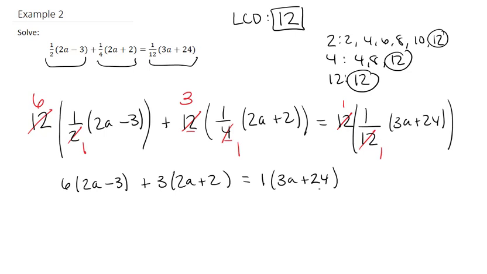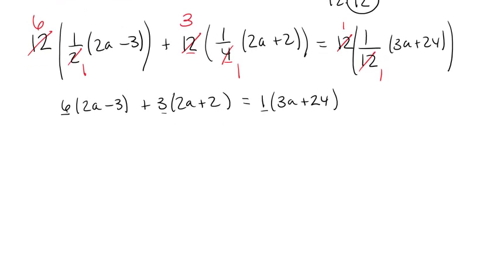Now we can multiply out these numbers. 6 times 2a is 12a. 6 times 3 is 18, but we have a minus, so it's minus 18. Then 3 times 2a is plus 6a, 3 times 2 is 6, which is equal to 1 times 3a, so that's 3a, and 1 times 24 is 24.